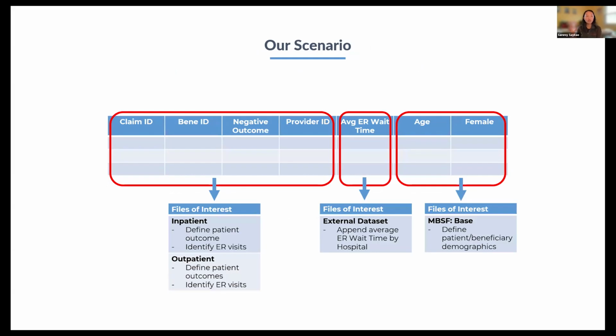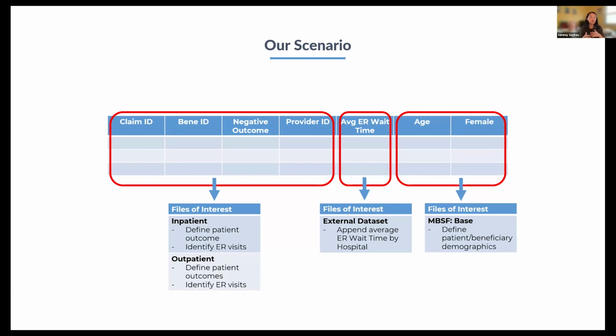So this is another thinking strategy that I use when I'm creating an analytic file. I'll have my dummy table. I normally write it out on a sheet of paper. I don't do it all in Excel or anything. But I will write it out and then figure out, okay, what file can I get all of this information from? Going through the first four columns, I kind of do a circle. And then the files of interest here are inpatient and outpatient, because one, we want to identify emergency room visits, so we'll need the inpatient and outpatient for that.